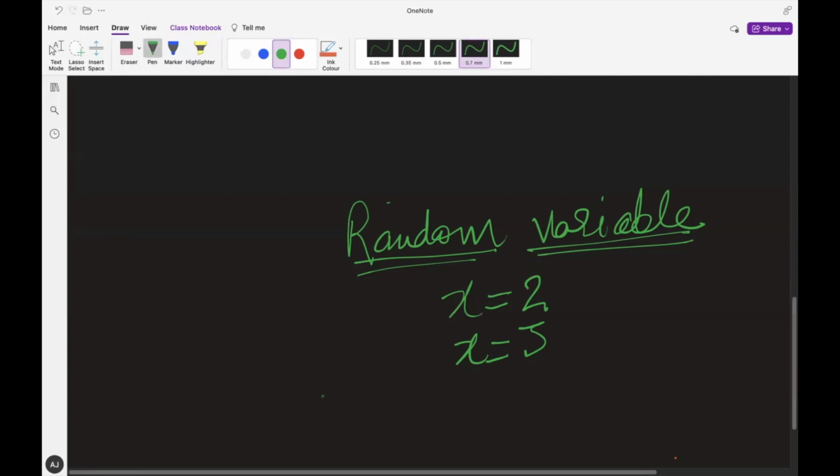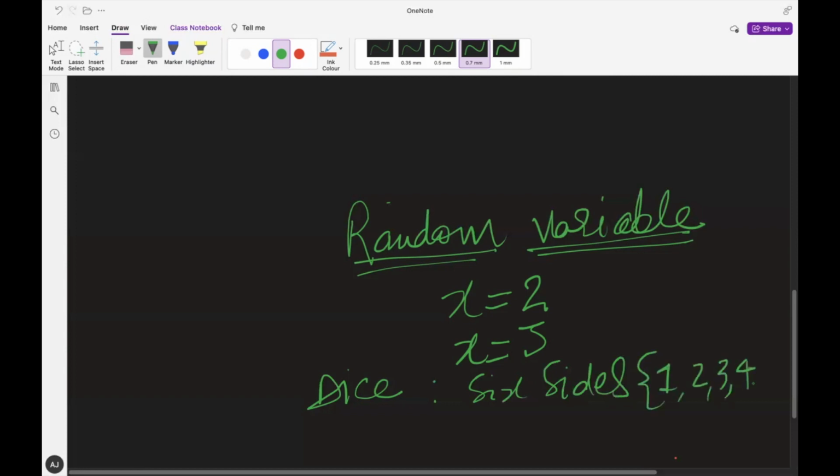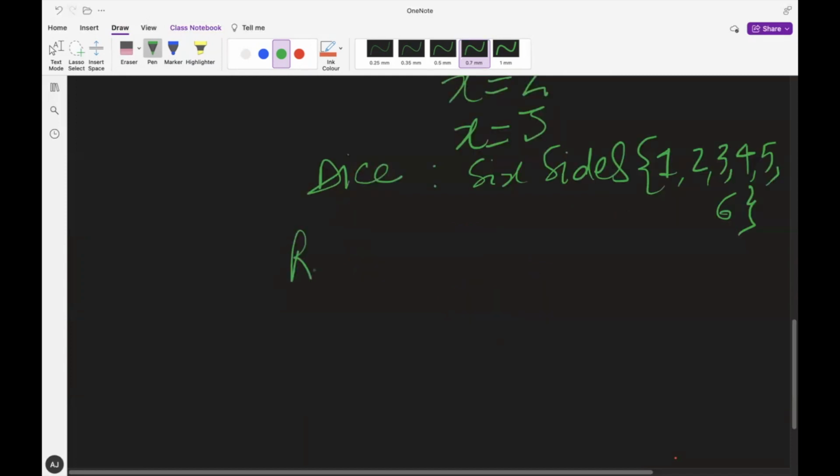Let's assume I have a dice. A dice has 6 sides: 1, 2, 3, 4, 5, and 6. Let's assume I roll a fair dice. When I roll a fair dice, I can get any one of these outcomes, that is 1, 2, 3, 4, 5, and 6.